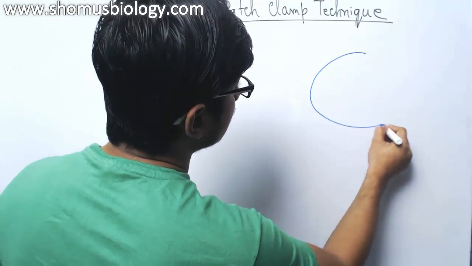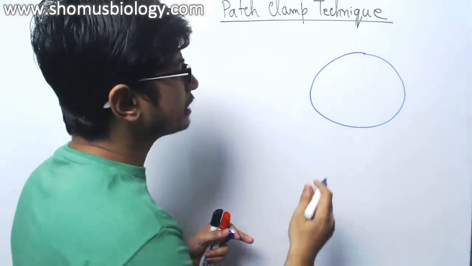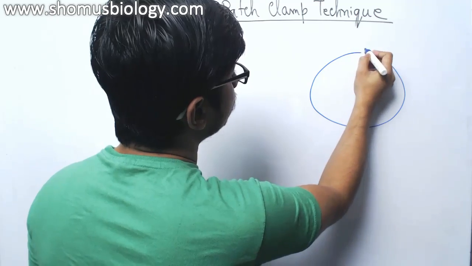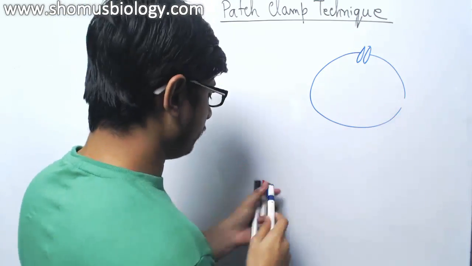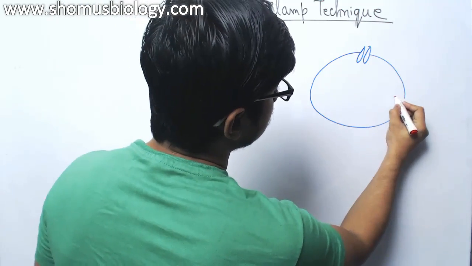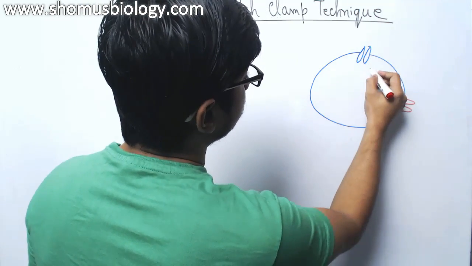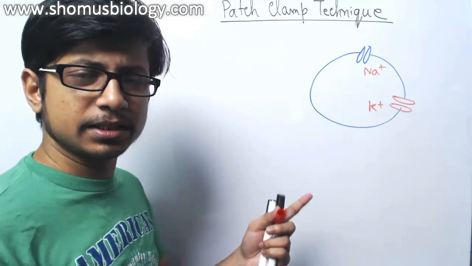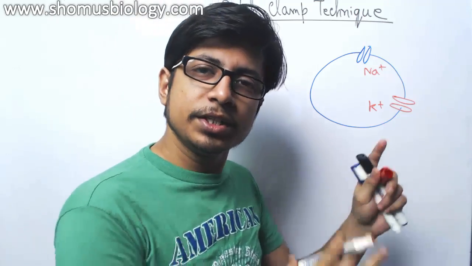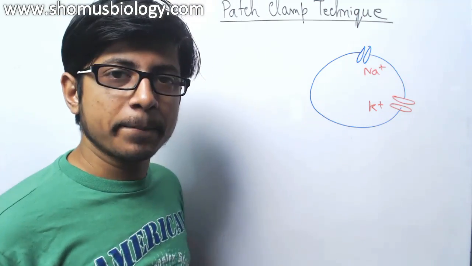If you look at normal cells and neurons, all of them have ion channels embedded in the membrane. Different types of ion channels, mostly some of them are potassium channels, some of them are sodium channels. Calcium channels are there, chloride channels are there. Different channels are embedded in the membrane.